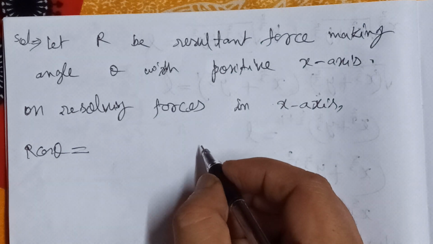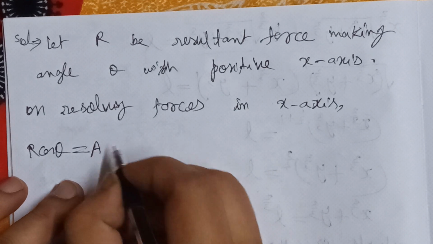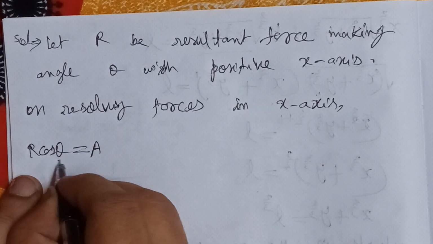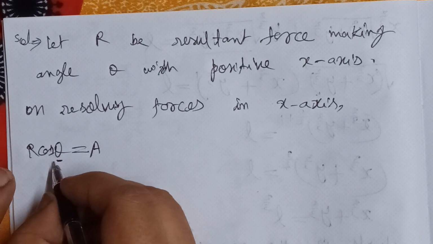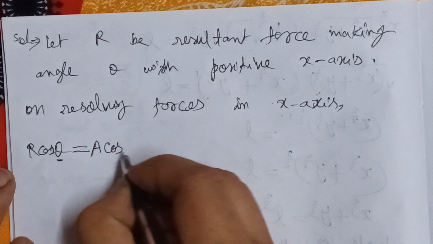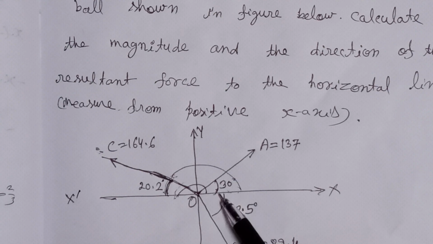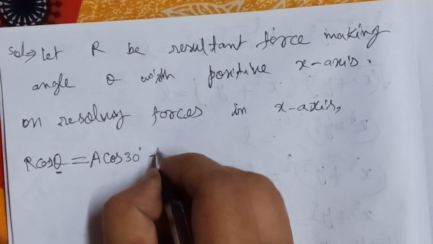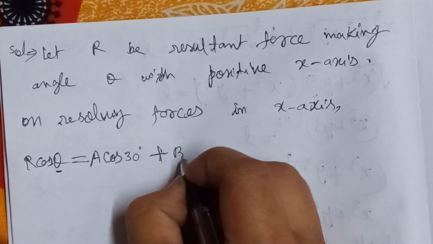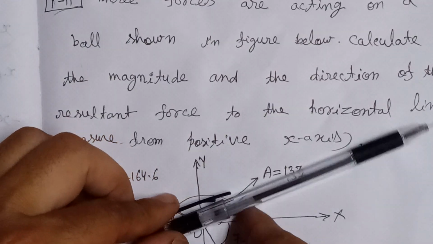We are given three forces, so one force is A. We have to find the angle with the x-axis and write cos and the angle of A with the x-axis. The angle of A with the x-axis is 30 degrees, so I write here A cos 30 degrees plus the second force B, and when we measure an angle anti-clockwise, this angle is positive.